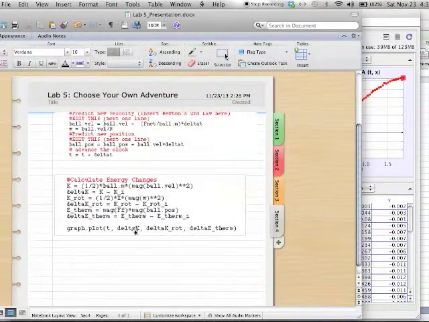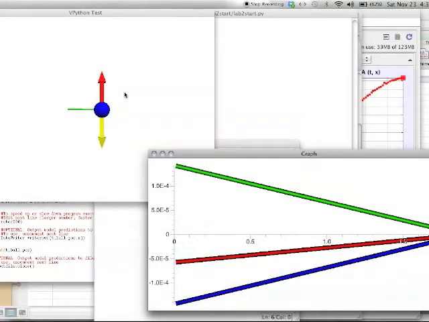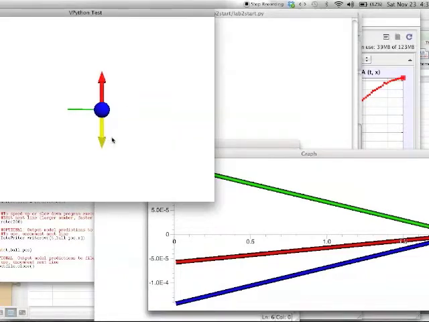The changes in energy are calculated and updated and then graphed on a plot to show these changes in energy. Here you can see the ball motion as well as the gravitational and normal forces acting on this system. The frictional force is so small that it cannot be seen but is acting in the negative x direction.